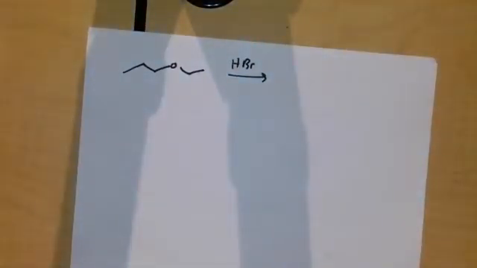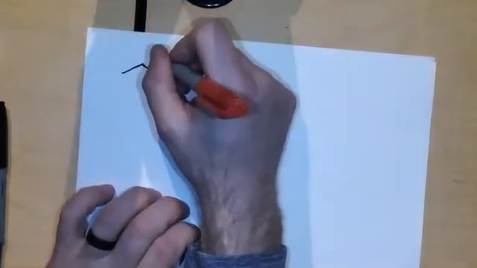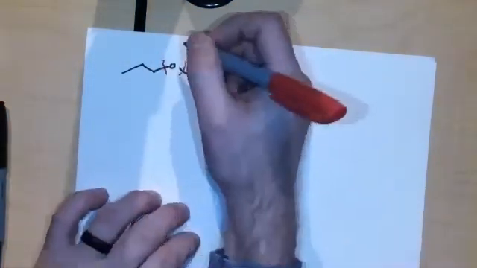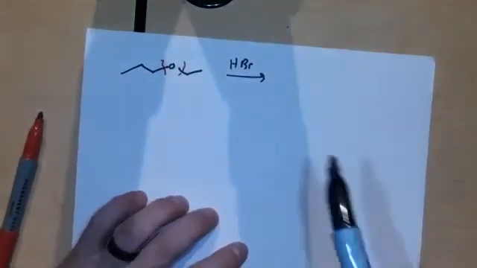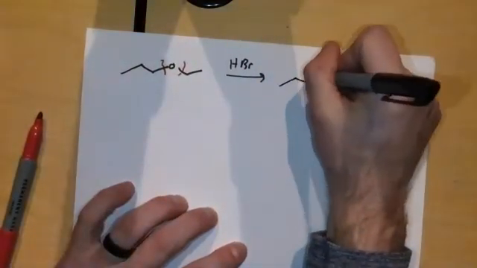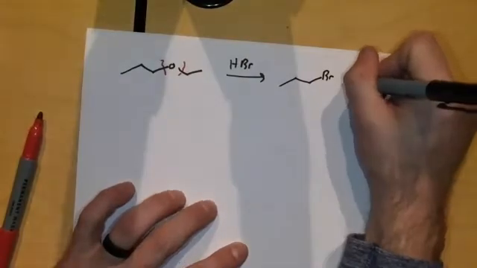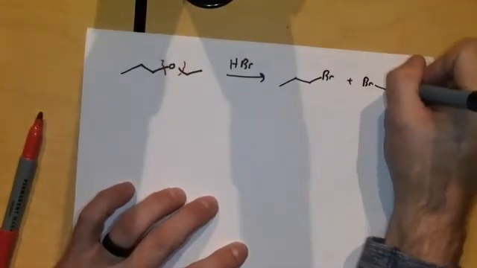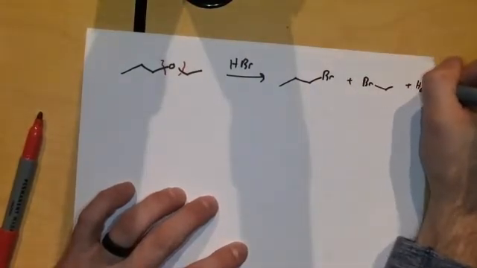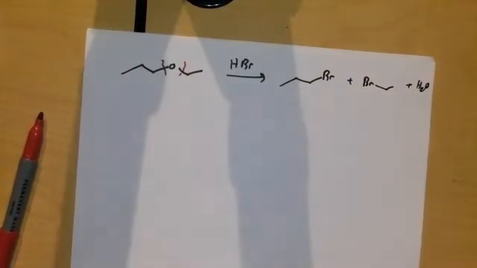And this is going to do SN1, SN2 chemistry. Essentially, this is going to fall apart and give us bromines on either position that was bonded to our oxygen, as well as water.